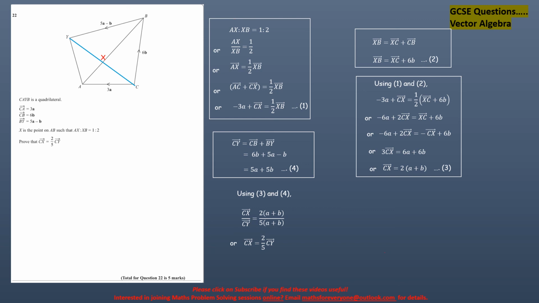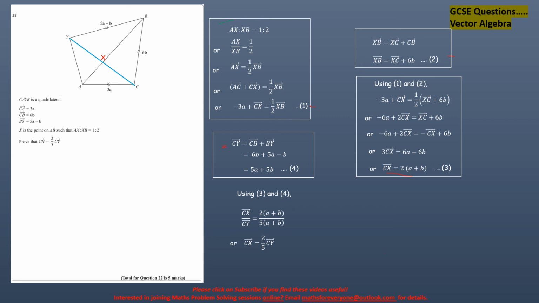That's how I start, as we did in the previous exam question. I've marked it as equation 1, and then 2, and then using 1 and 2 we get CX, and then we have CY, the other part.